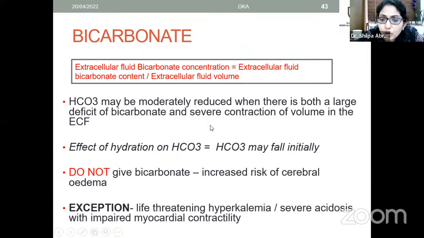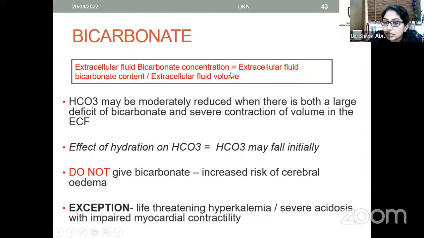So the bicarb may be moderately reduced when there is both a large deficit of bicarbonate and severe contraction of the volume of the ECF. When I'm initially correcting this extracellular fluid volume, the effective plasma bicarbonate concentration is equal to the plasma bicarbonate content divided by the volume.